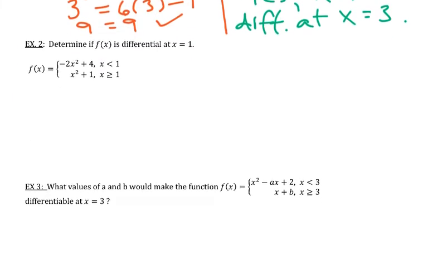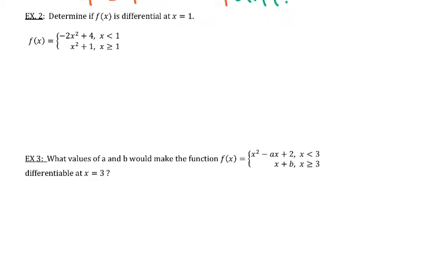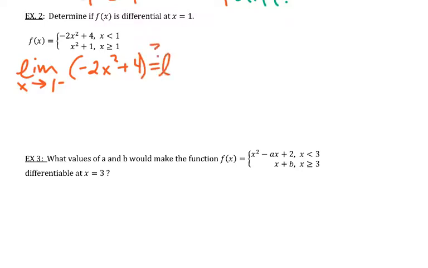Here's a second example. So again, first we're going to test for continuity. The limit as x approaches 1 from the left, and the left-hand piece is negative 2x squared plus 4. And we want to know, is that the same as the limit from the right?